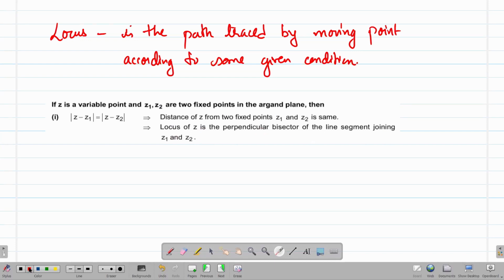In this particular case, the point P, that is Z, and if I take A as Z1 and B as Z2, then this point P moves in such a way that the distance of P from A is equal to its distance from B. This point has to follow the condition that PA is equal to PB.